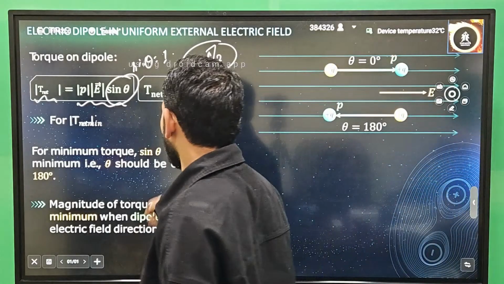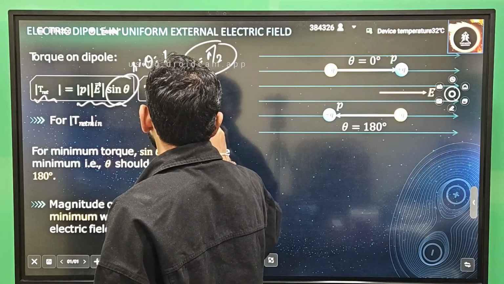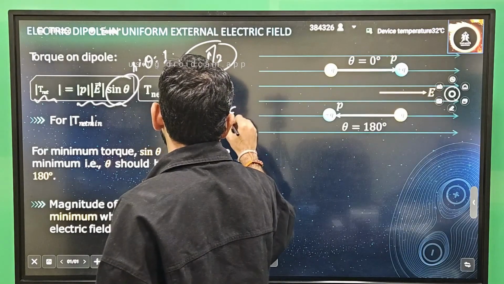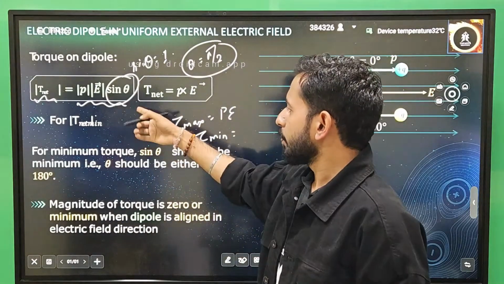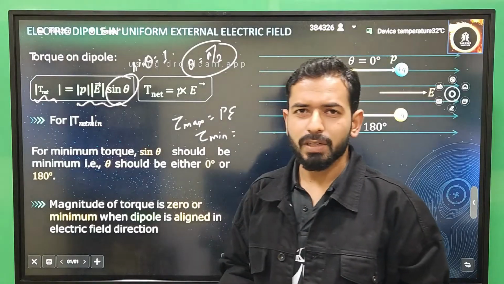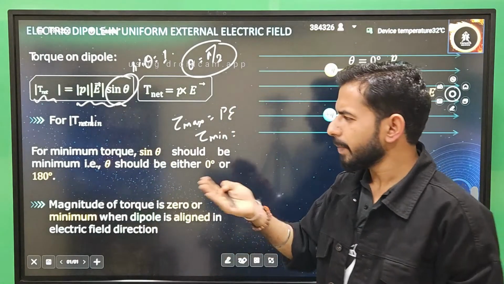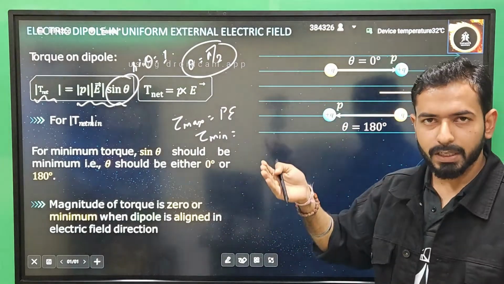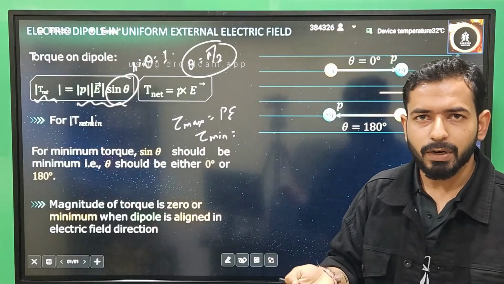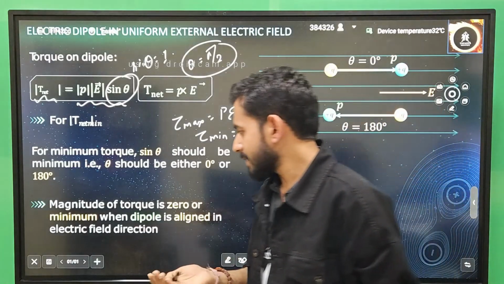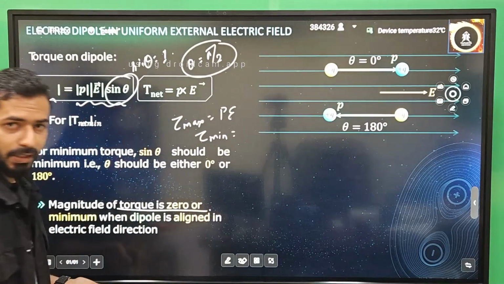And if I ask you, when will it be minimum? Magnitude wise, maximum torque you can write directly as P into E. Now if I ask you the minimum torque, what is the minimum value possible? Anyway, you can also say -1, but the negative sign only reflects the direction: it is not clockwise, it is anti-clockwise. But the minimum is when the magnitude of torque becomes 0, that means there is no torque acting.